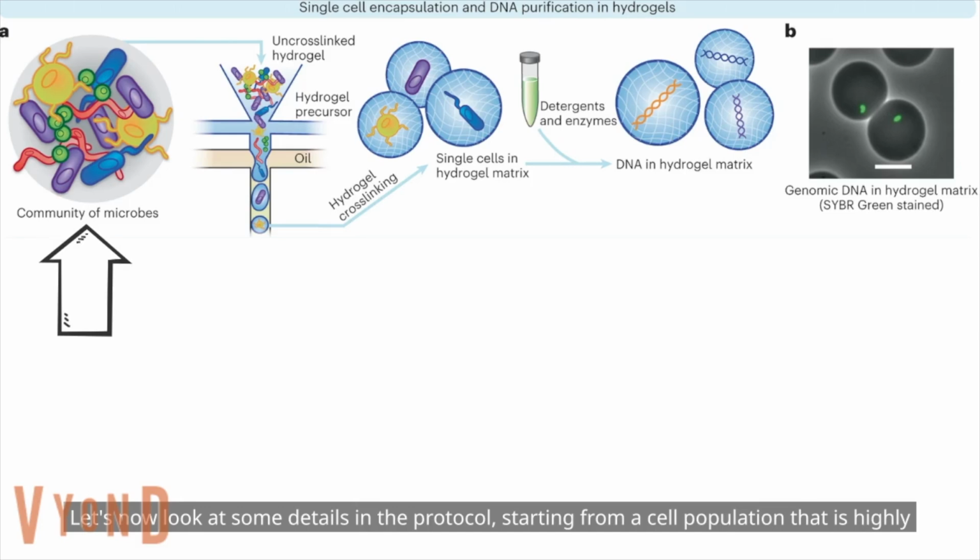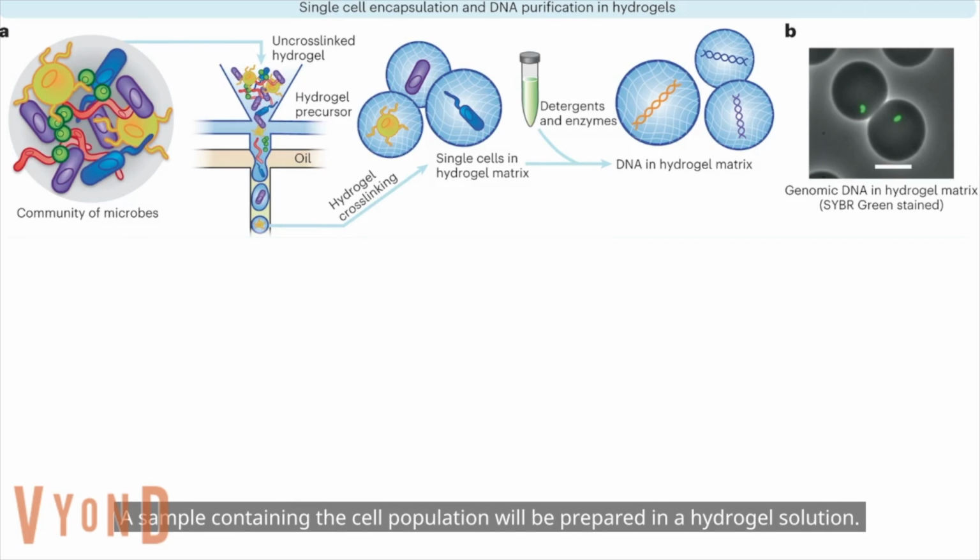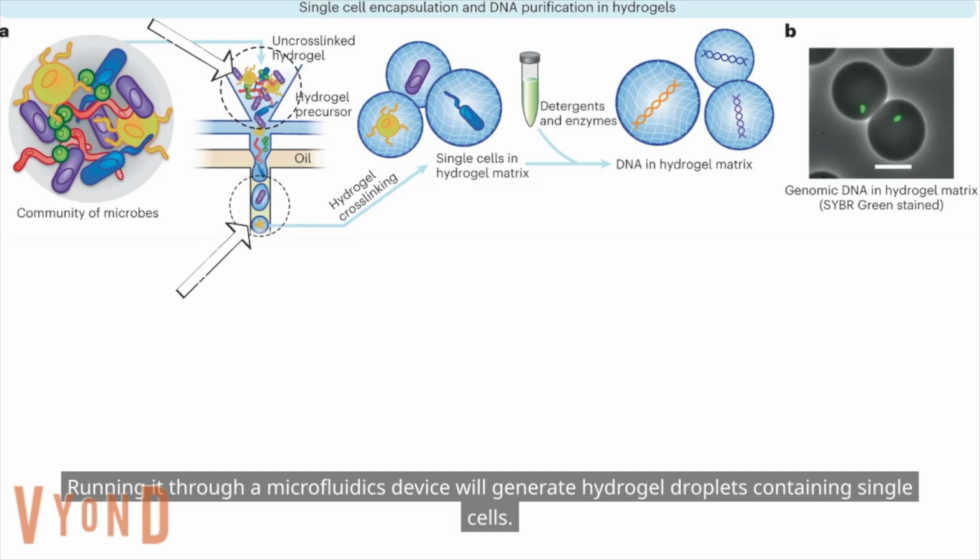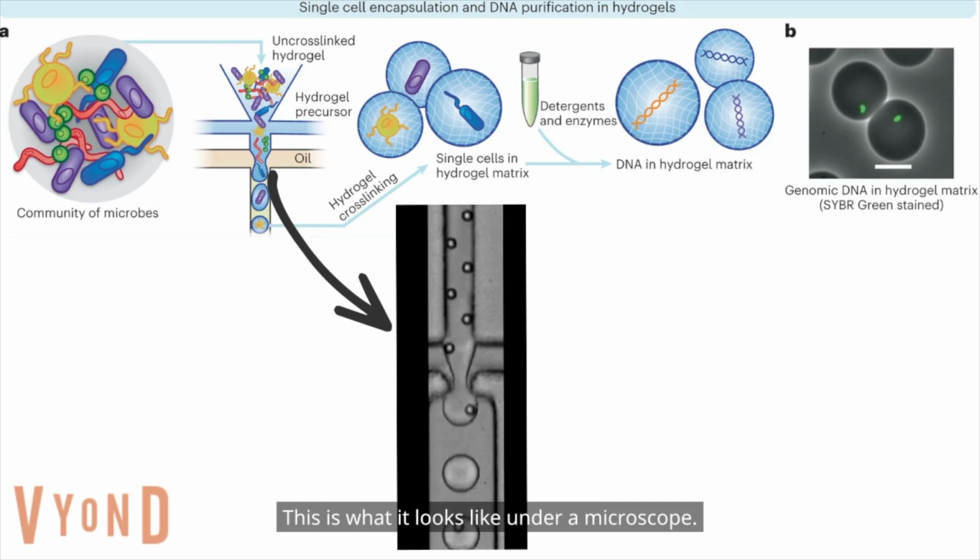Let's now look at some details in the protocol, starting from a cell population that is highly heterogeneous. A sample containing the cell population will be prepared in hydrogel solution. Running it through a microfluidics device will generate hydrogel droplets containing single cells. This is what it looks like under a microscope.